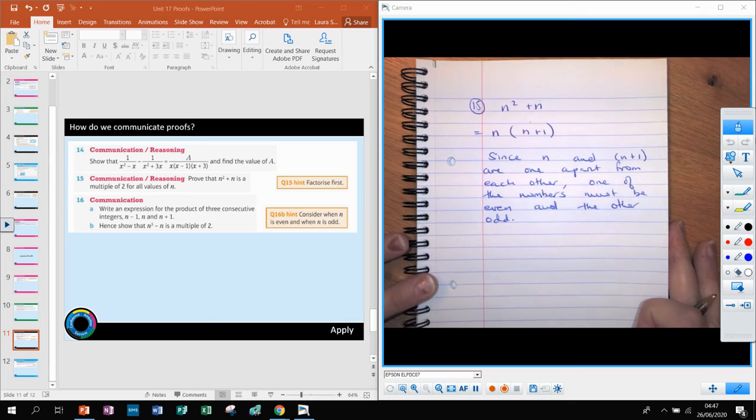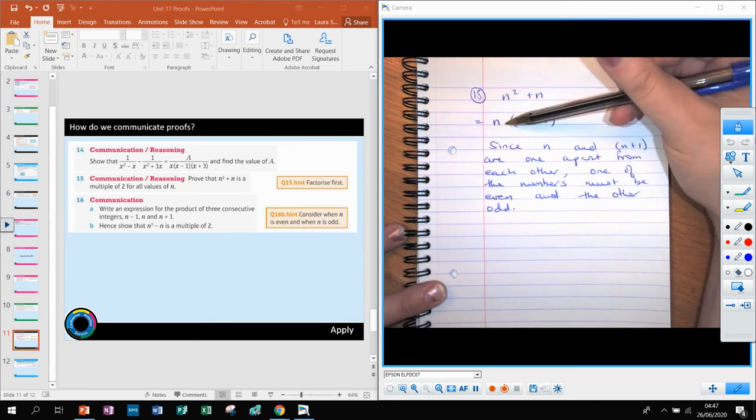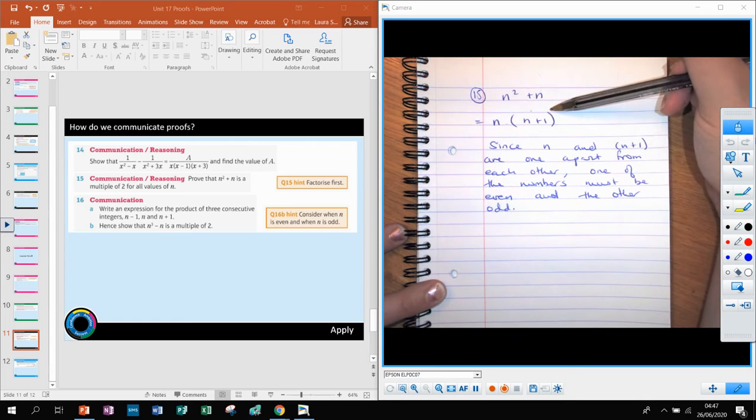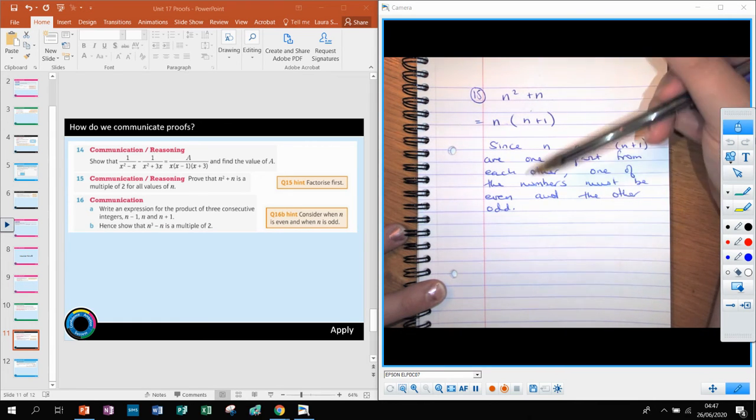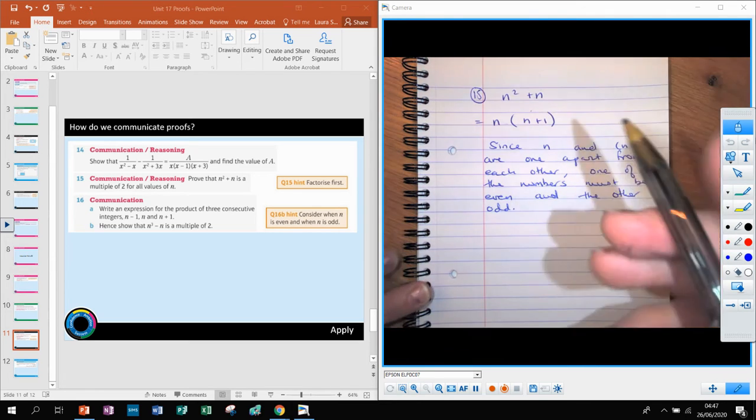Now, that's important because we can now state that the product, this is a product here, n times the n plus 1, of an even and an odd number is always even, and therefore n squared plus n must be even.